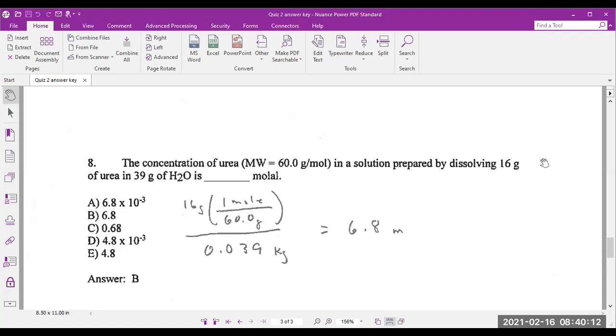So 16 times 1 mole divided by 60 grams gets the numerator into moles of urea. And then if we have 39 grams of water, we need to change that into kilograms. So we'd slide the decimal place over to the left 3 places, and that's 0.039 kilograms. And then if we do the math there, we get 6.8 molal.